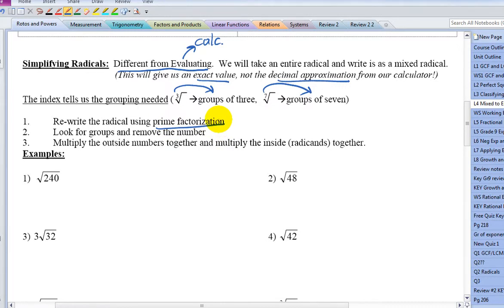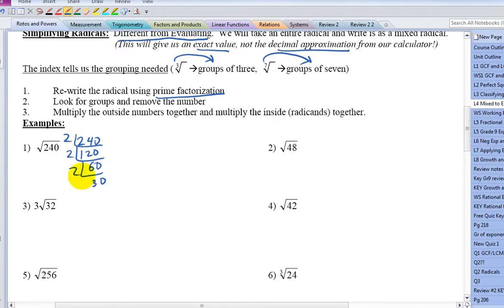Again, I'll show you several pieces of work here. So 240 divided by 2, 120 divided by 2, divided by 2. Keep going, please. Use prime factors. Okay.